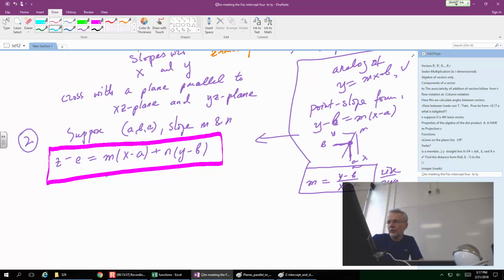I say that this expression on the right is familiar. You see multiplication, right? And you see addition.